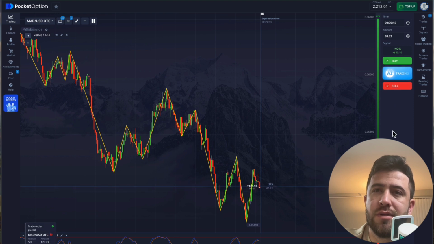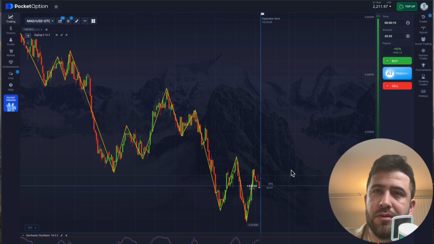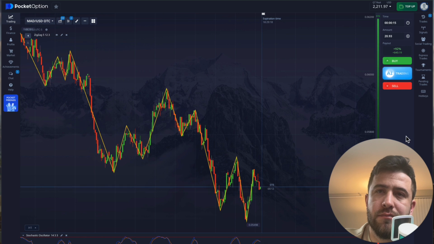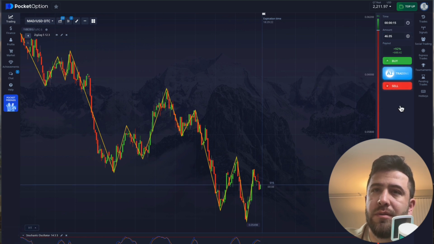We open for sell here because these candles seem weaker for an uptrend, and we open for sell here. Okay, we prepare the recovery amount.